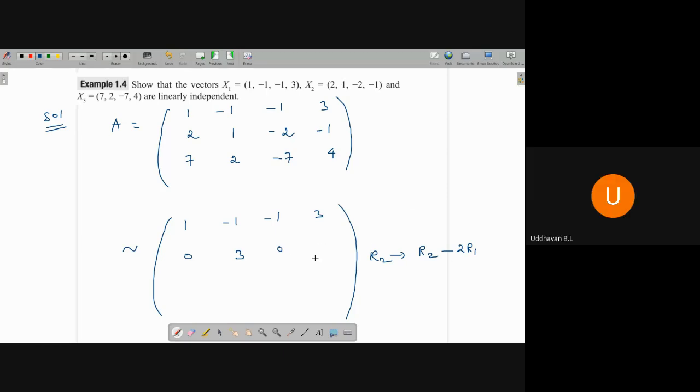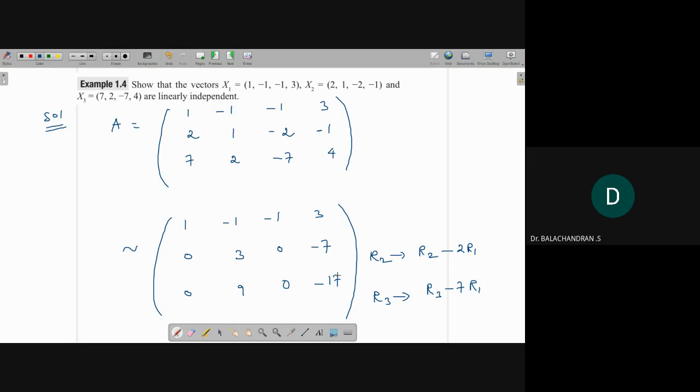Minus 7. Yes, correct. And then what is the one more operation, in place of R3? R3 minus 7R1. 0, minus 7 means 9, plus 7, 9, 0, plus 17. This is minus 20, minus 17. Yes.